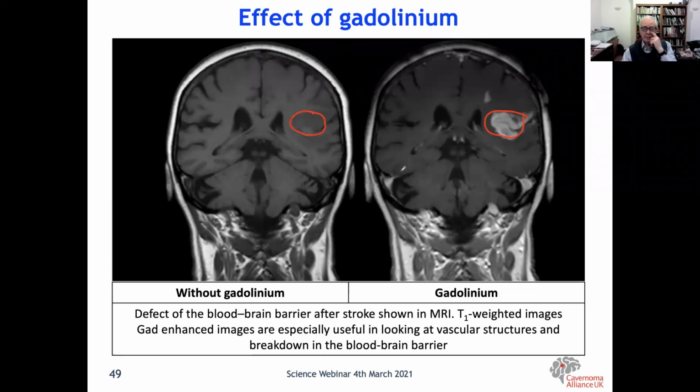And gadolinium is particularly useful at looking at cavernomas, vascular structures, and breakdown in the blood-brain barrier.